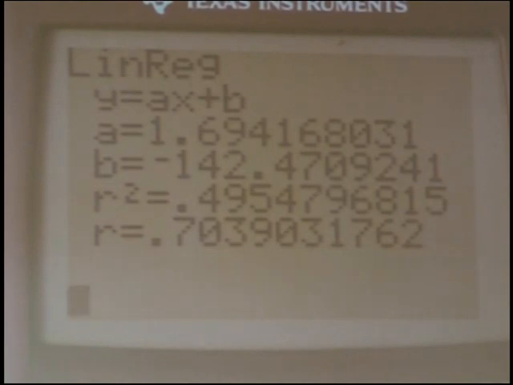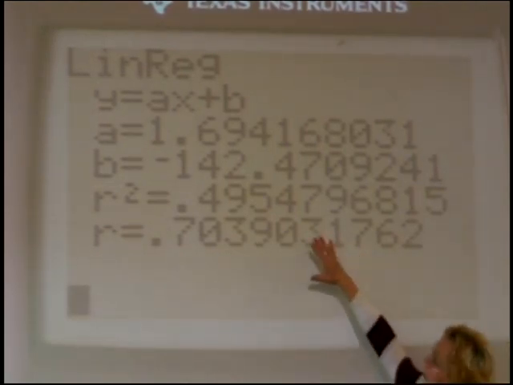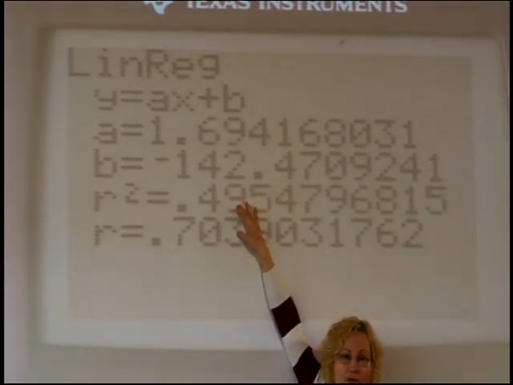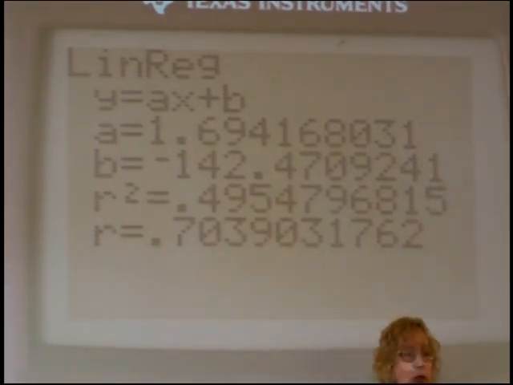And you run the regression, and you should be there. You may not have the R and R squared values. If you don't, there's instructions on that handout that tell you how to get your R and R squared values. For some reason, the calculator turns that function off, and I'm not sure why it does that.